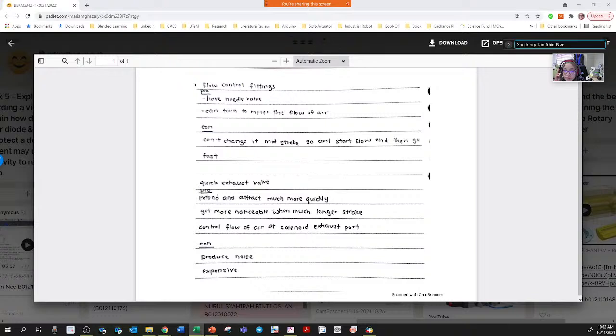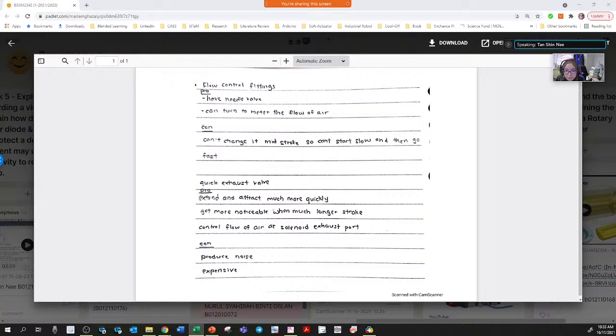The pro for the flow control is it has a needle range that we can turn to adjust the flow of the air. But the con for it is it can change the speed, so it cannot start slowly and then go too fast.